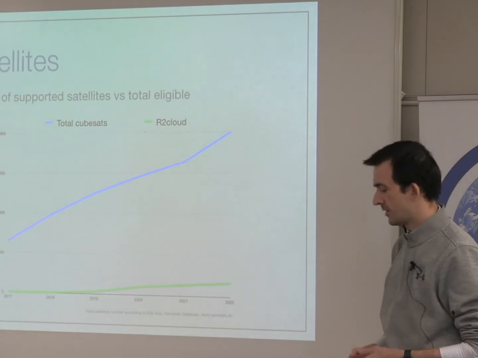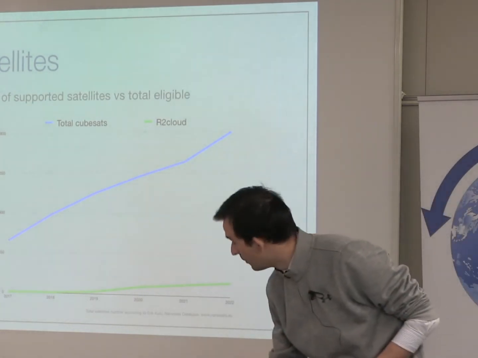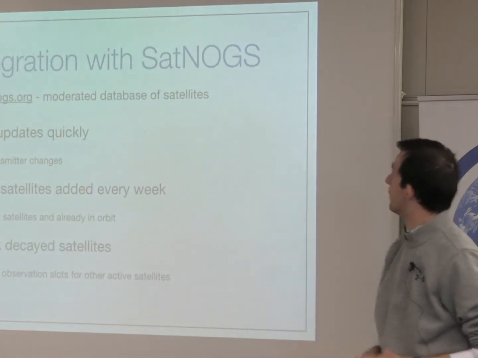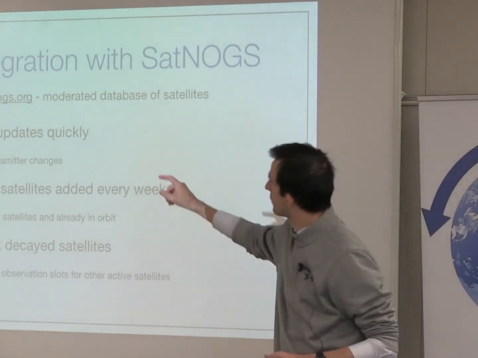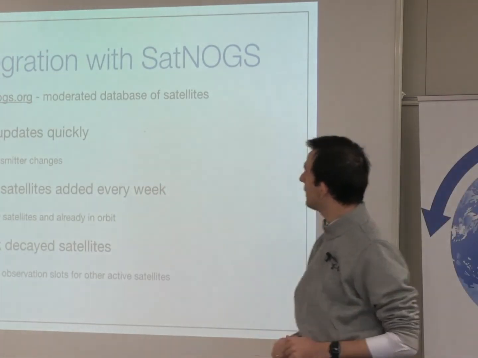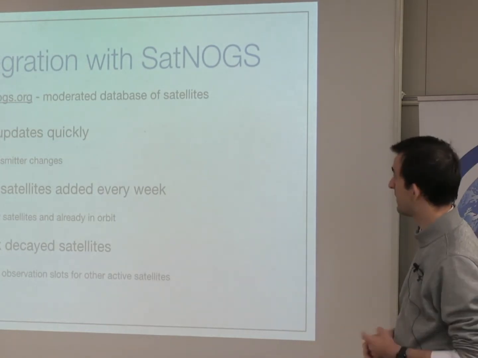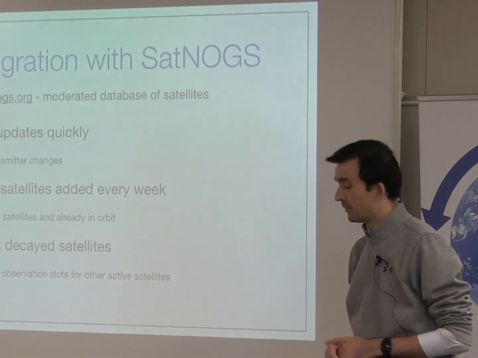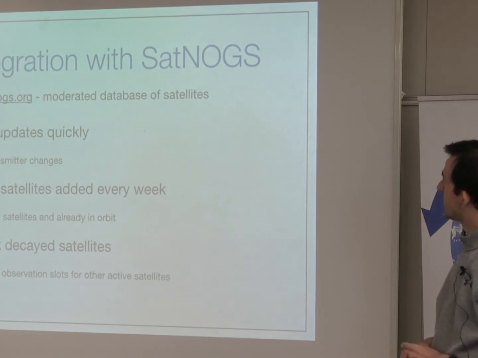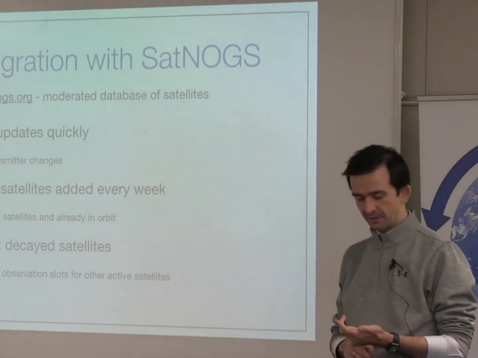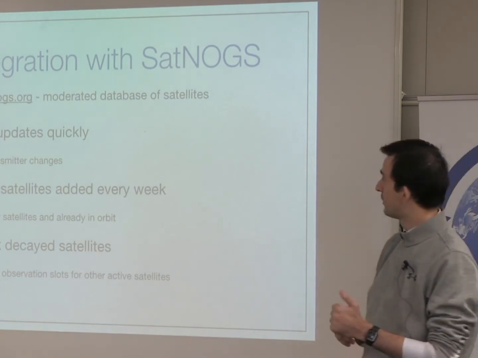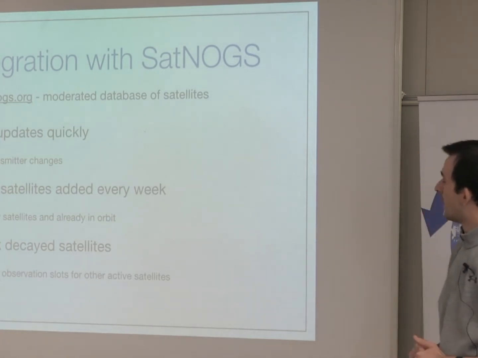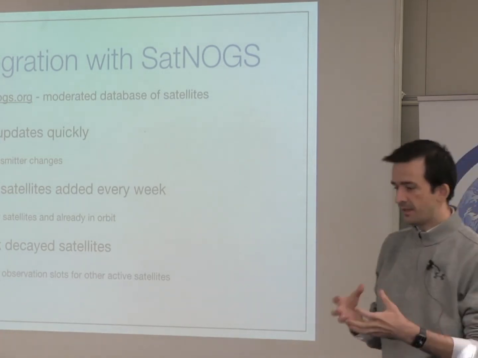So I decided to integrate with SatNOGS. SatNOGS has a service called db.satnogs.org. This is a database moderated by the community, and it contains information about satellites, transmitters, frequencies, and sometimes some kind of modulation, and it's constantly updated.